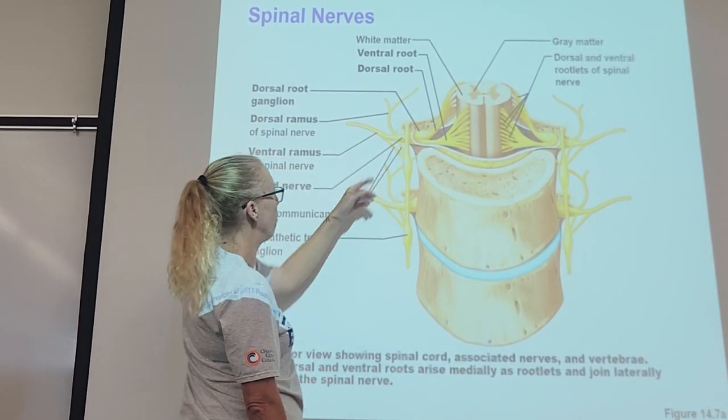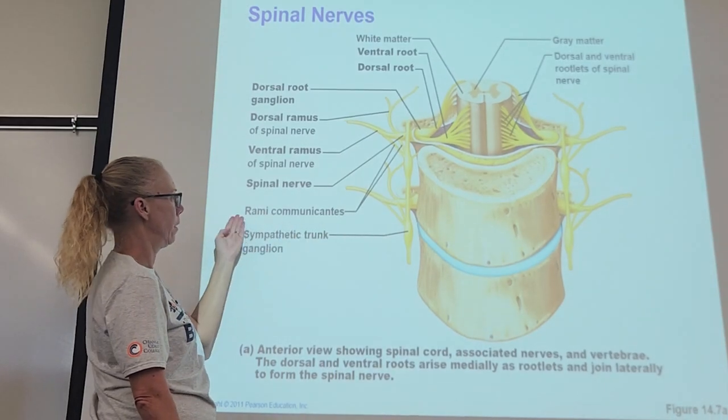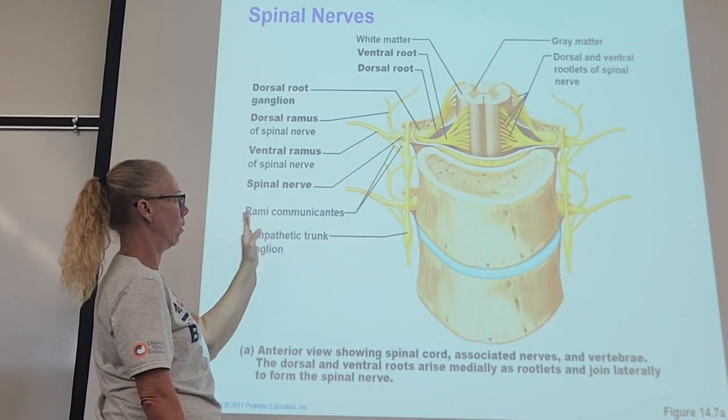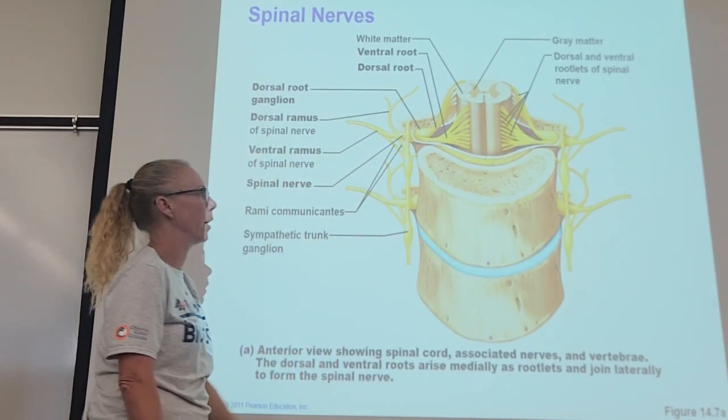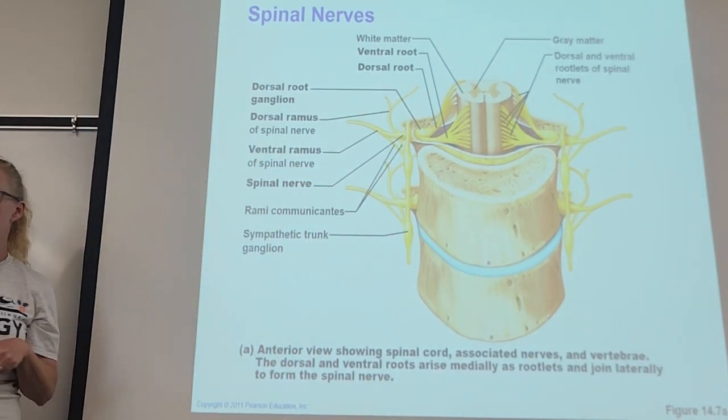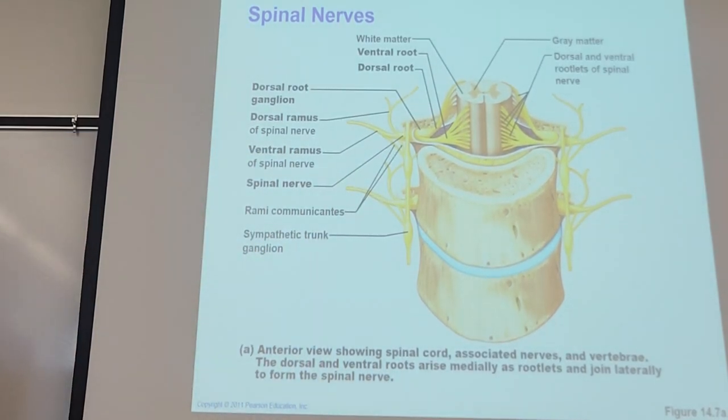And then coming off of the ventral ramus, we've got this special structure that we'll talk about later called the rami communicantes that then immediately hits the sympathetic trunk ganglion and allows for communication between the different levels. We'll talk more about pathways in the next unit of study.